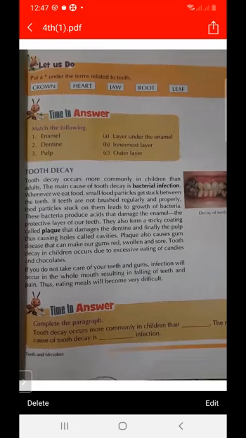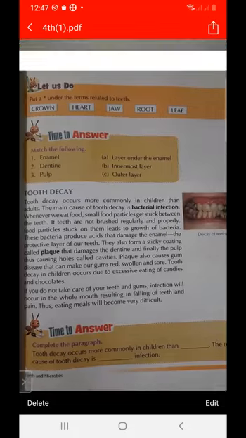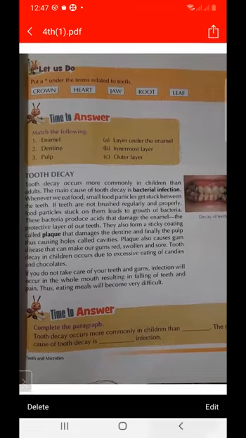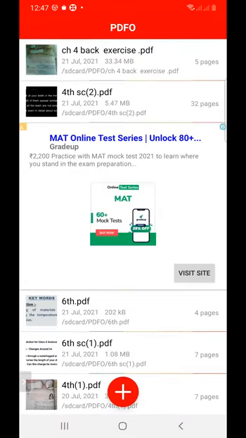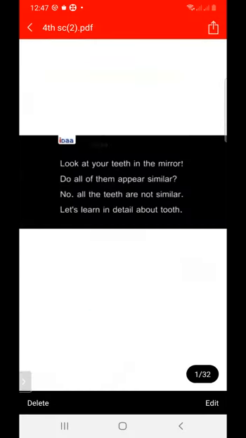And what do we mean by microbial infection and bacterial infection? So you have to remember these terms in tooth decay. I'm showing tooth decay and kinds of teeth with the help of slides.